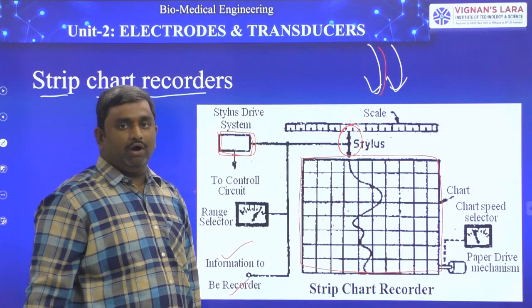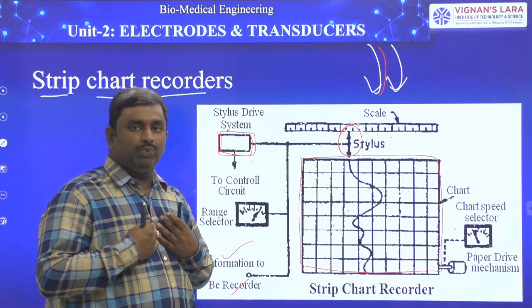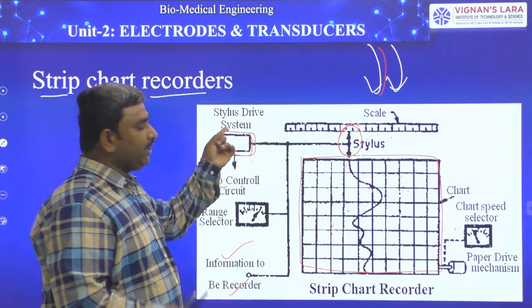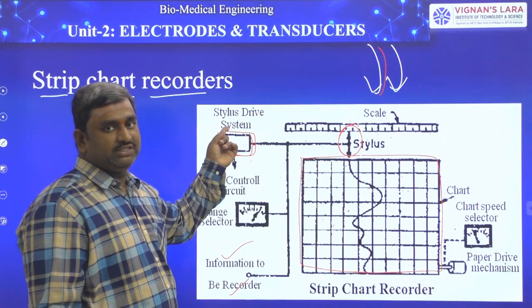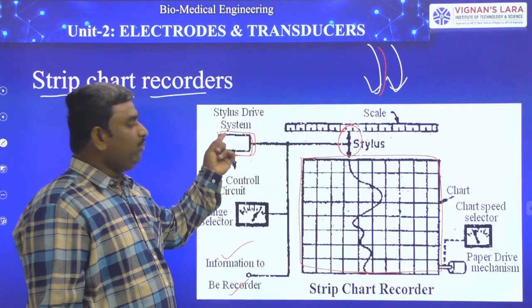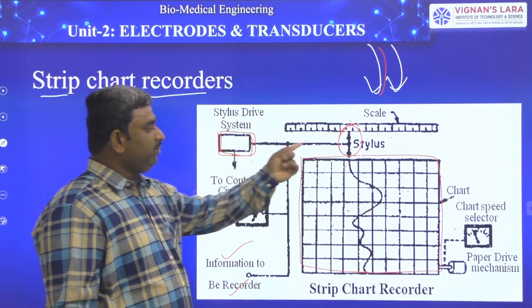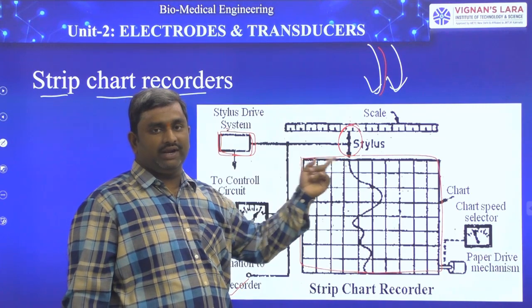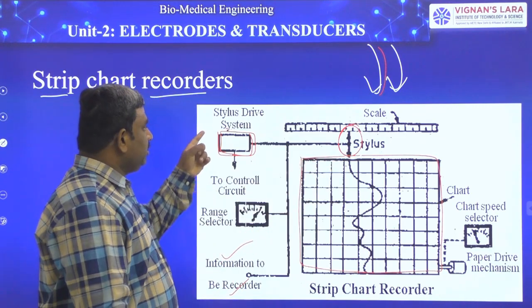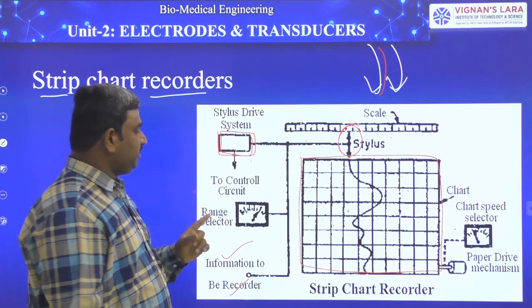We collect that information from the heart and give it to the stylus driving system. Whenever this stylus driving system receives 5 volts, it moves the pen or stylus to the right side or left side based on the stored information. So the stylus driving system is very important.